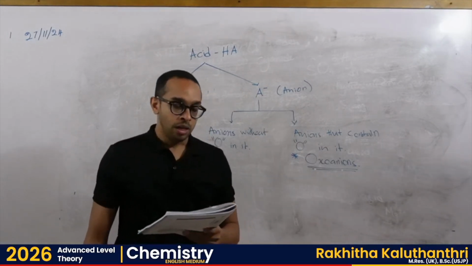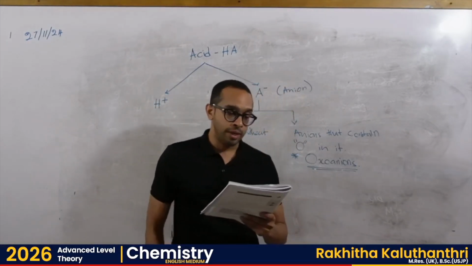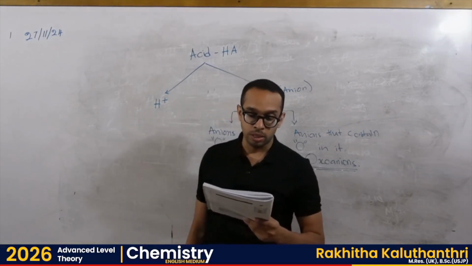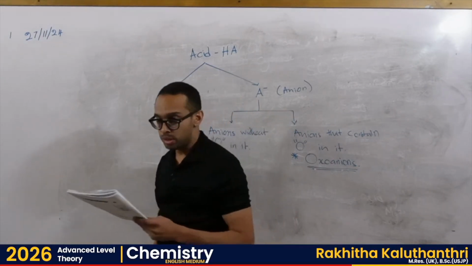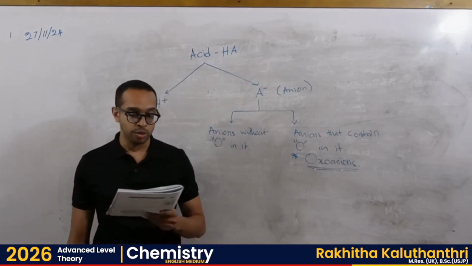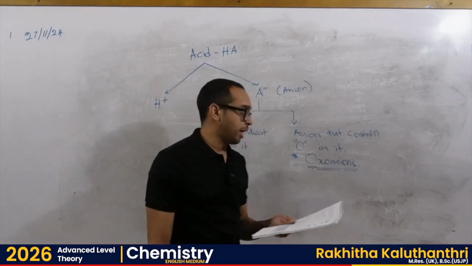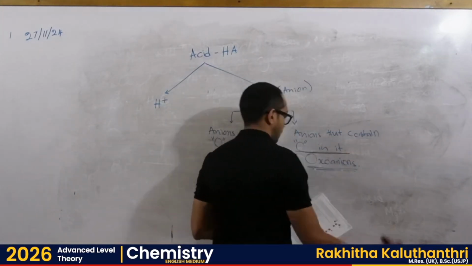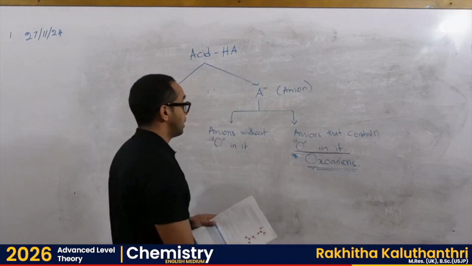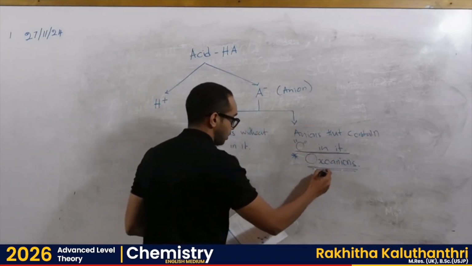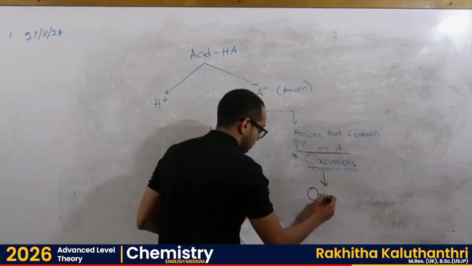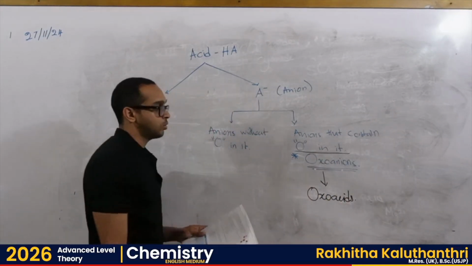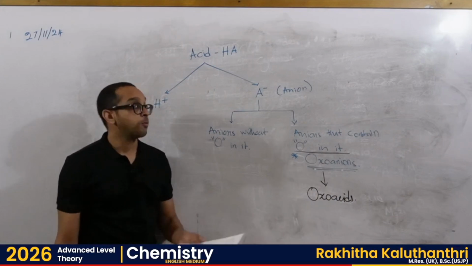So they say oxoacids are a category of acids containing hydrogen, oxygen and other elements. In other words, compounds with one or more ionizable protons in aqueous solutions and anions with oxygen are called oxoacids. Oxoanions, when combined with H plus, form the acid.